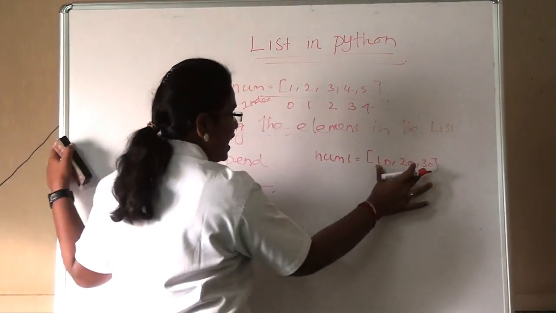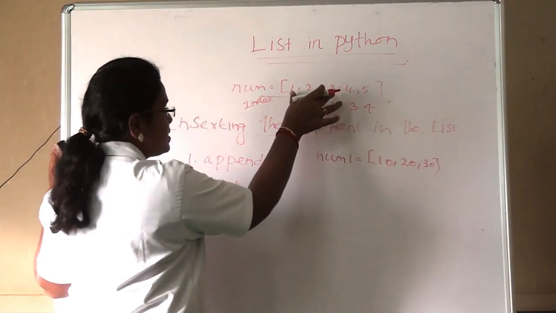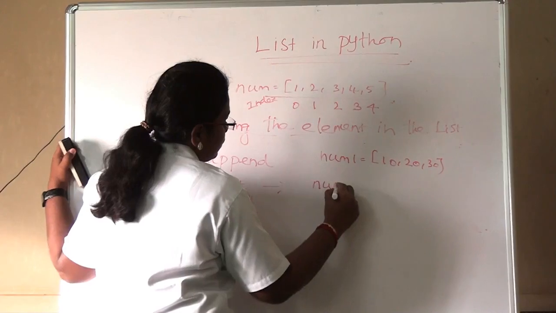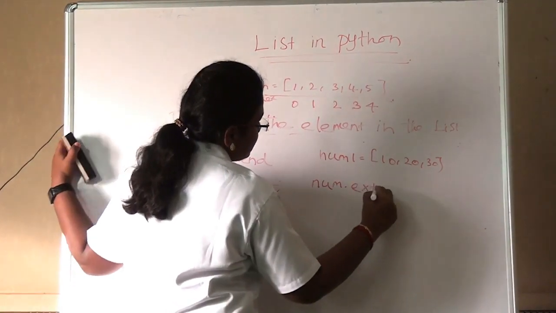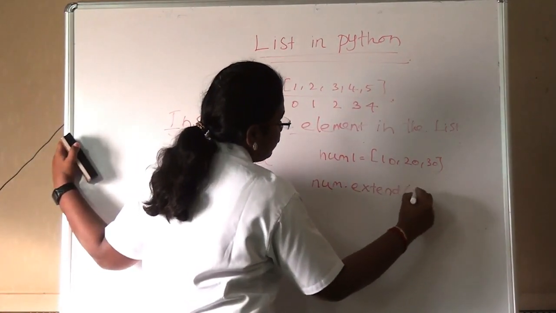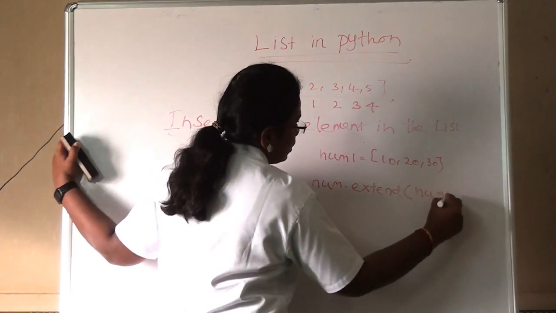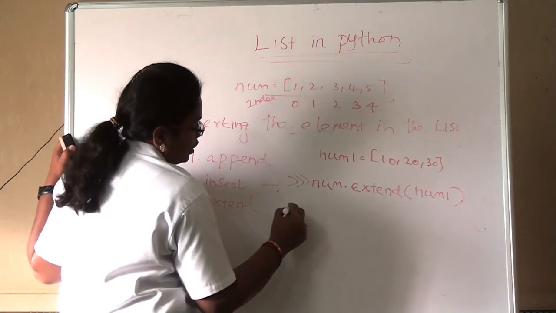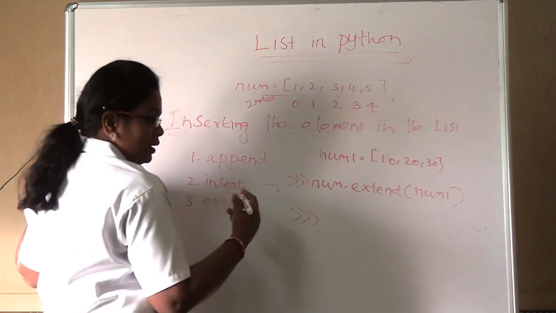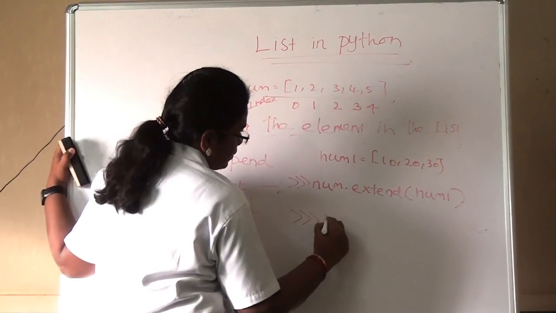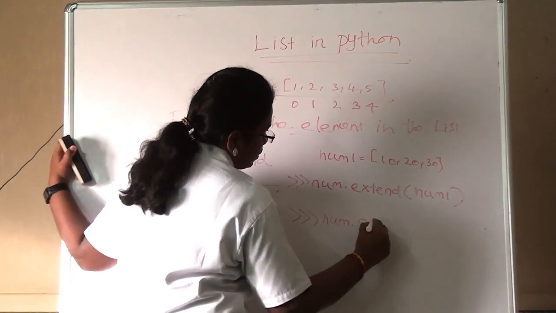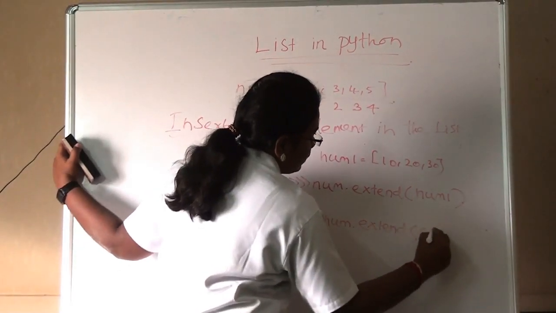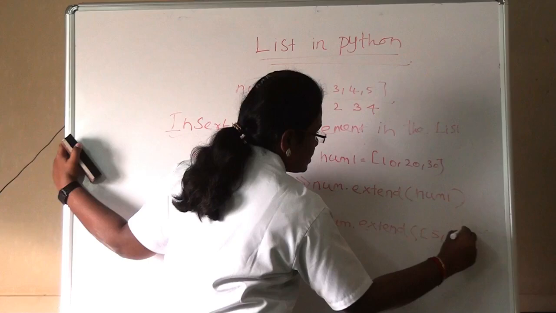If I want to add these three elements in the list num, I can add: num dot extend of num1, or you can add the list directly into extend, num dot extend of 5, 6, 8.